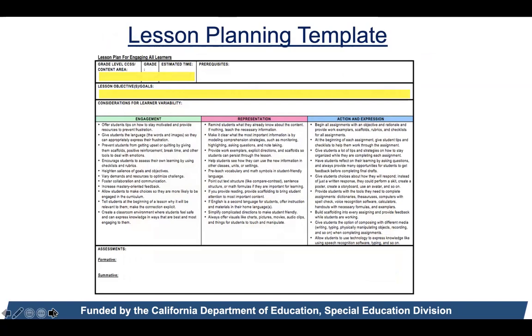So you're identifying the grade level or Common Core standard, the content area, the grade, how much time do you have to teach it, and then writing your lesson objective. So if you refer to a lesson objective, a standard, a goal that you've utilized in the past, you can write it here, and then also look for the potential barriers between the verb and the skill that you're trying to teach.